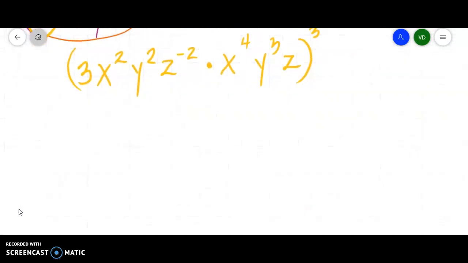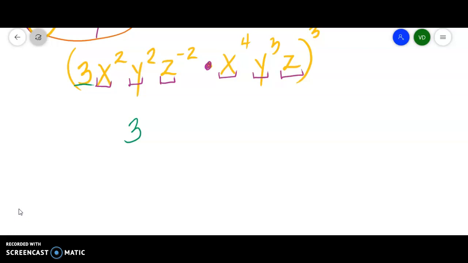Okay, so now I've got multiply. I'm going to look for coefficients first. I only have a 3, and I don't have anything on that side, so 3 is going to stay like that. My bases are x, y, and z. There's my x, my y, and my z. So I'm going to combine those two.